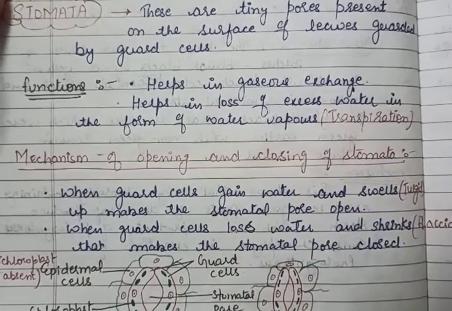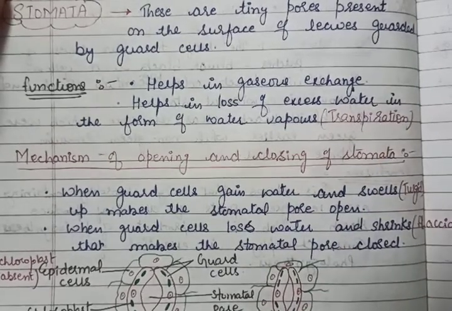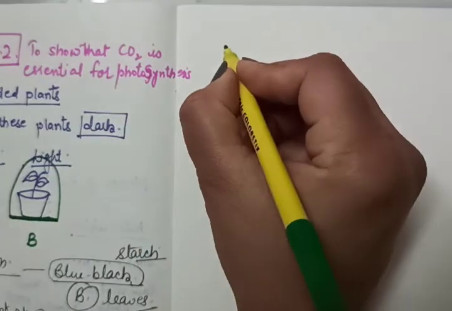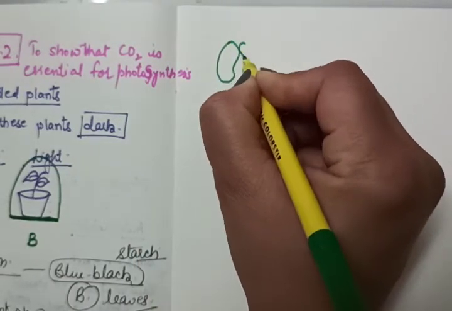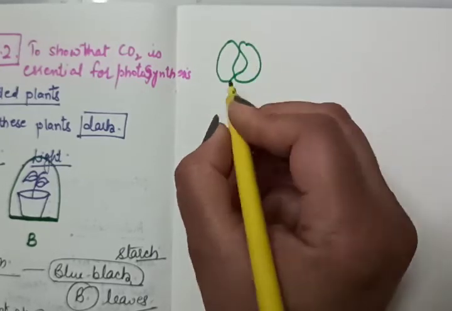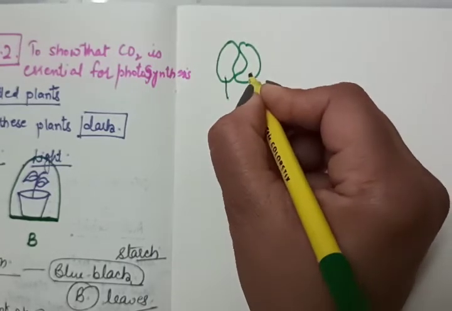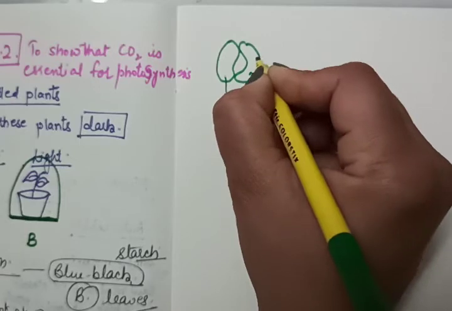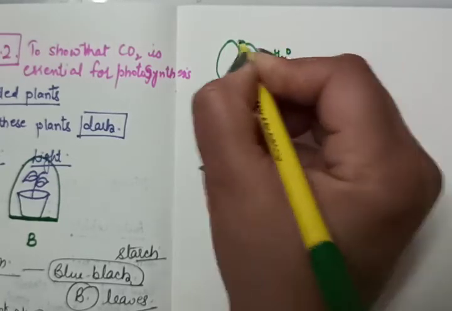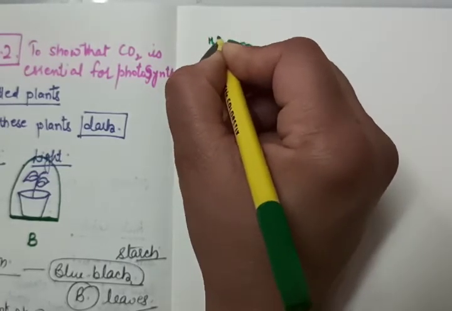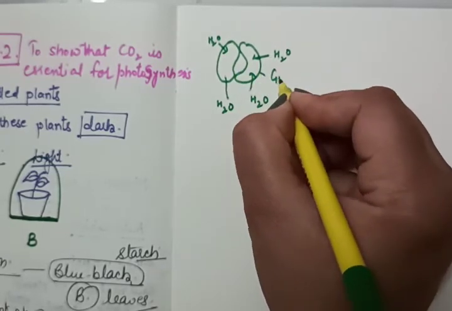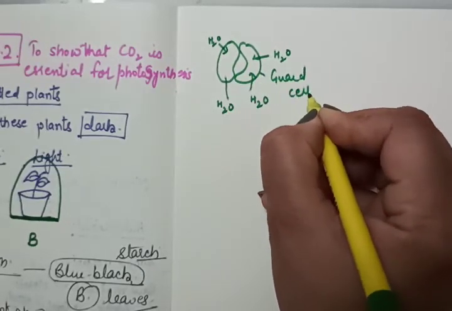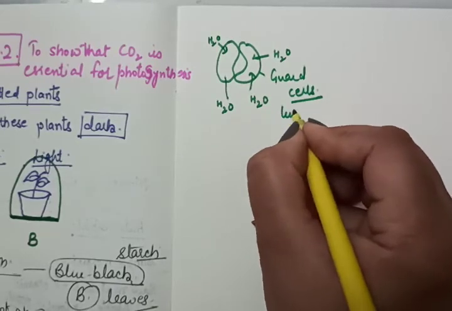Now, what is the mechanism of opening and closing of stomata? When these guard cells gain water, they become turgid.